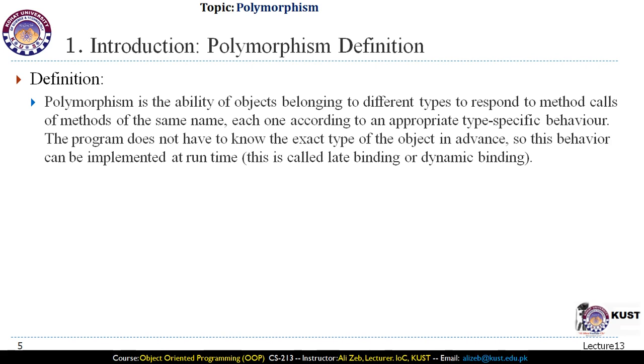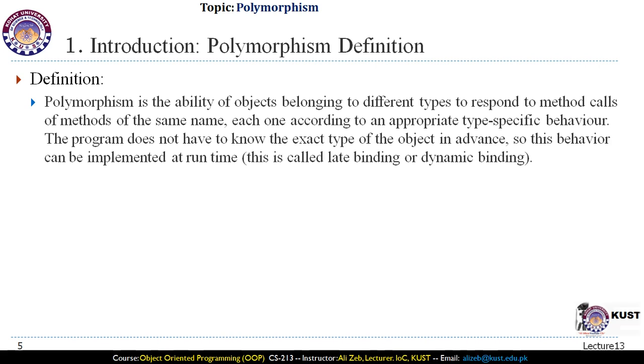The type of that method call was the object of a particular class that we were using to call the method, and the behavior of that method call was changing based on that. So for one object, the same method was drawing a different shape than for the other object.